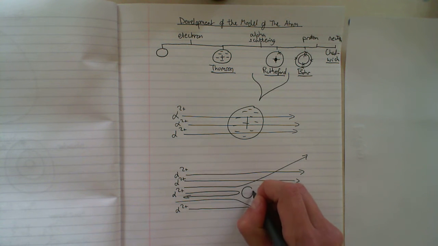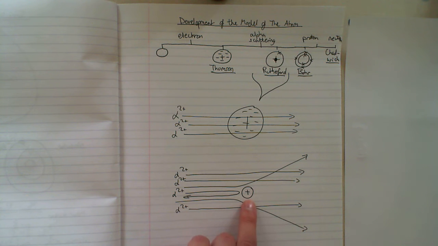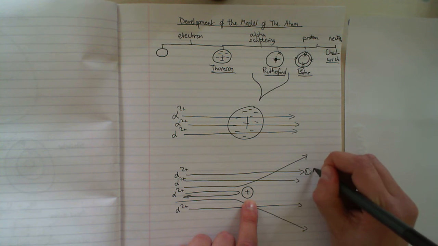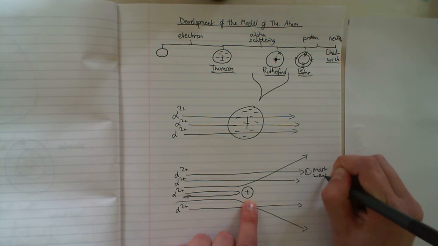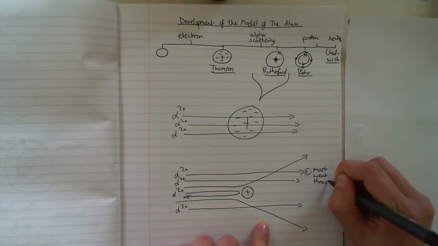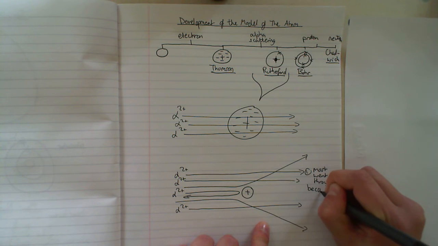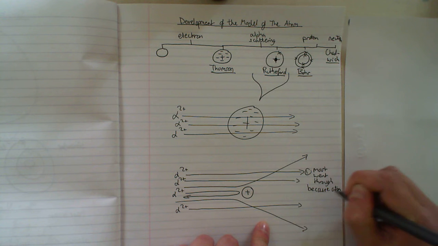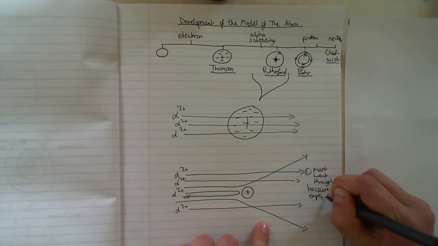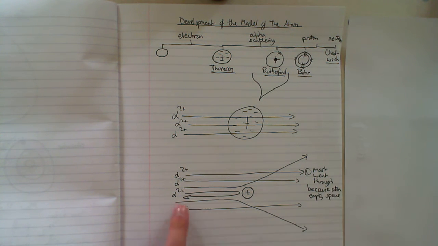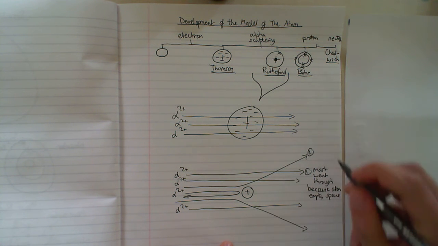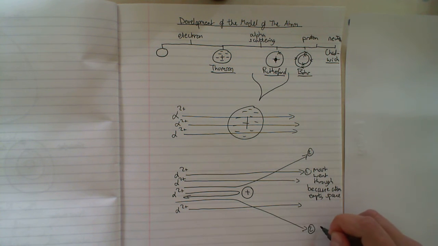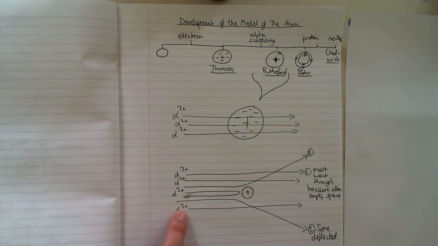And to explain this, Rutherford came up with his nuclear model. So most went straight through because atoms are mostly empty space. Then the next result, some were deflected. And the reason why they were deflected is because alpha radiation is positively charged.